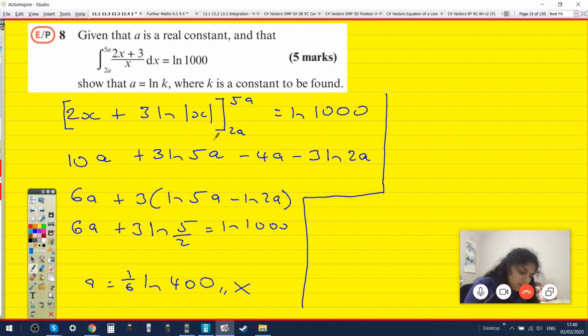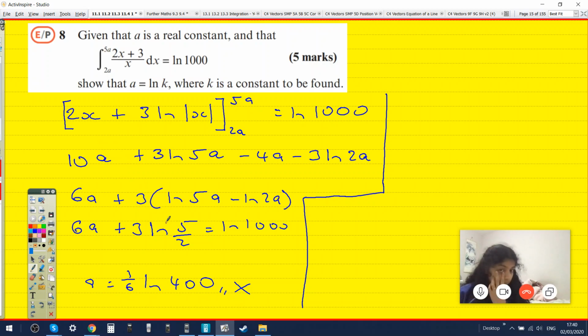You have to do the power before you do the dividing. So you have to do ln 1000 divided by 3 ln 5 over 2. I don't know how to solve it. Okay, so we got to this point anyway. Not sure myself.